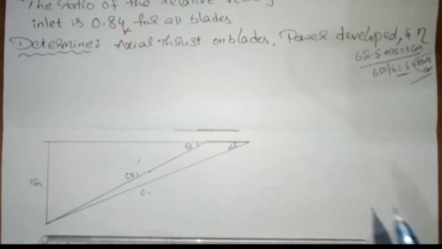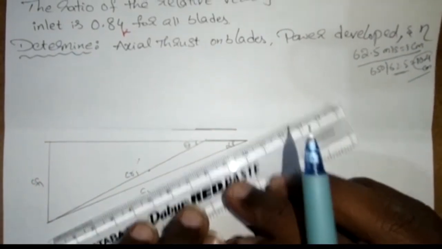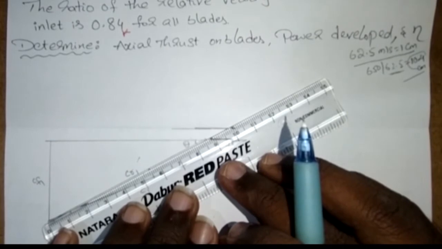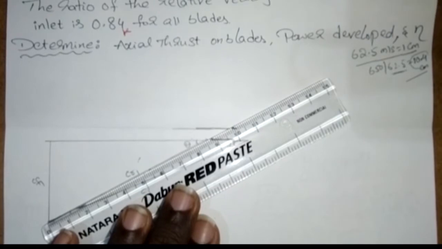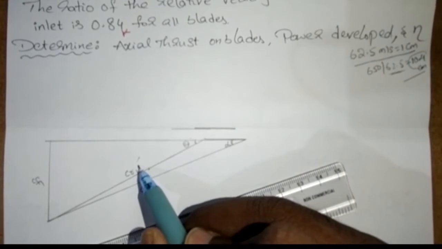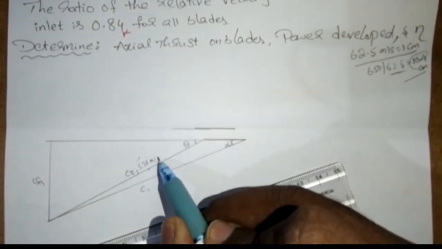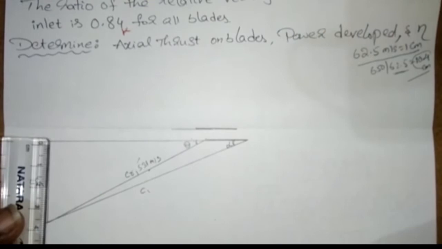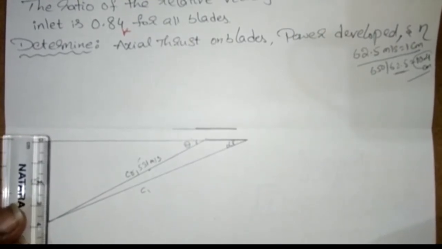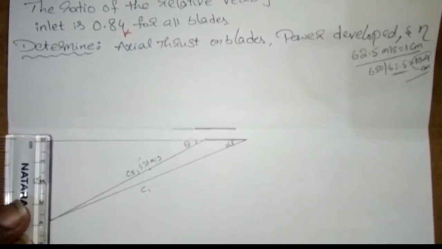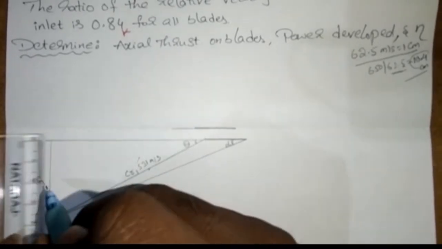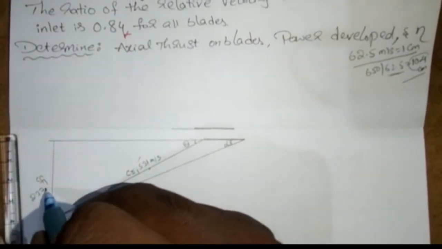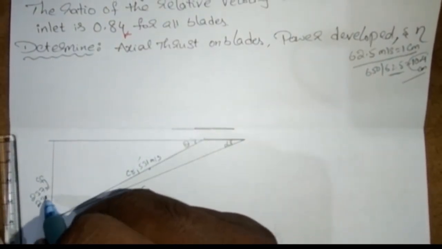Here we have to calculate the distance of CR1. This is 8.5 centimeters. 8.5 into 62.5, around 531 meters per second. In the same manner, CF1 is 3.8. 3.8 into 62.5, around 237.5. I rounded it to 238.